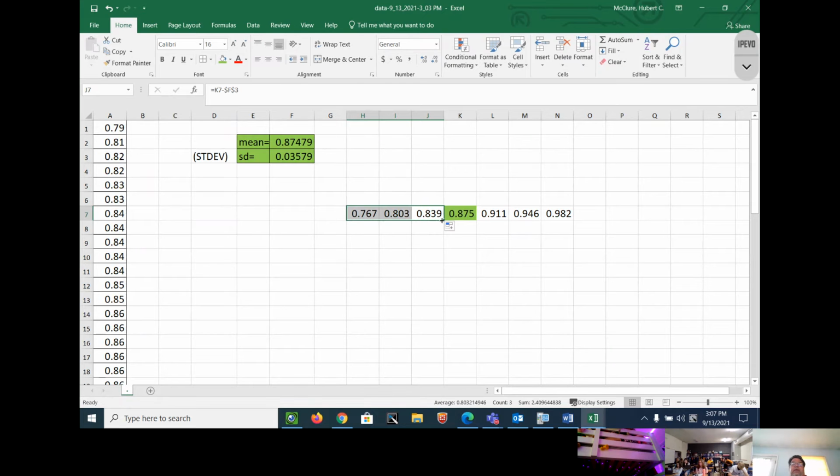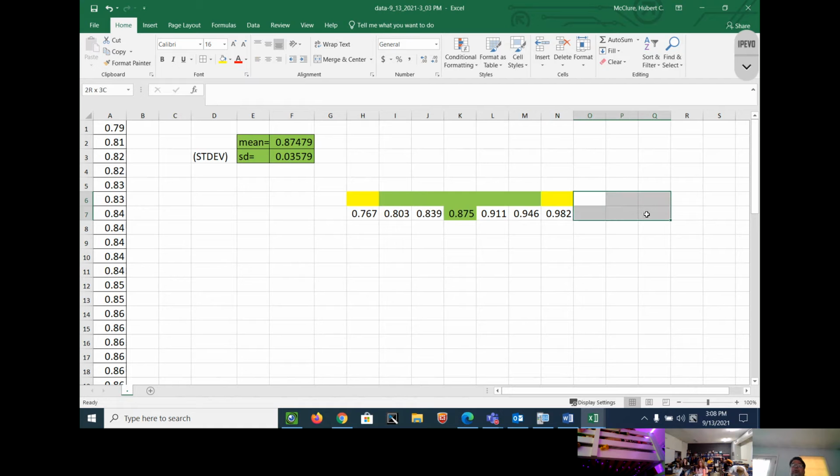Within two standard deviations, you're talking about what? Normal, right? Two standard deviations is normal. Then outside two standard deviations is unusual. And then outside three standard deviations is what? Outliers.